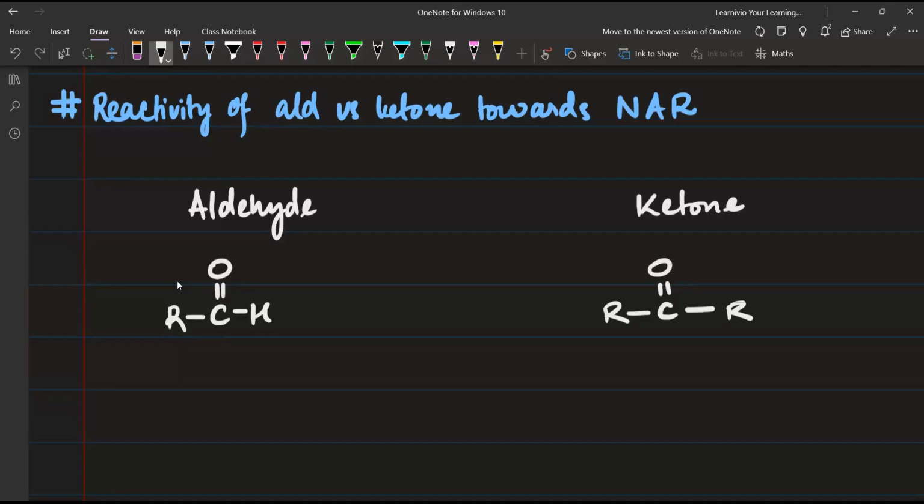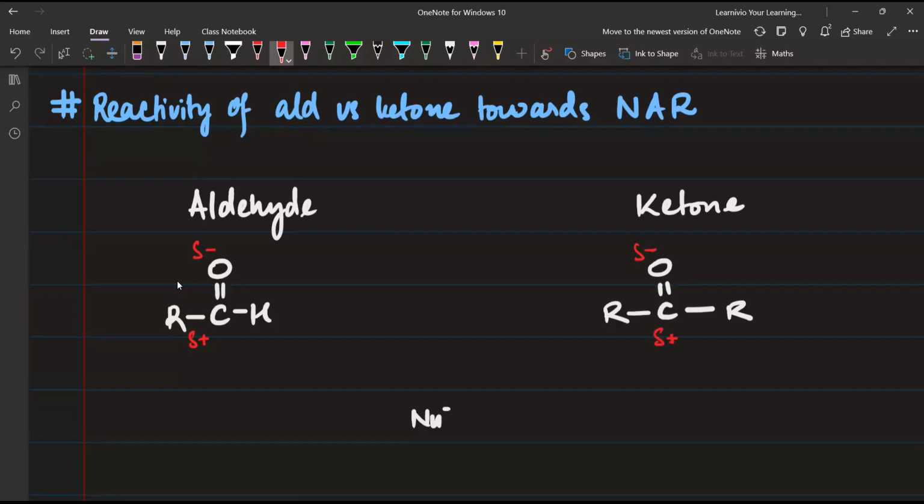We have a nucleophilic addition reaction. That means the reaction is initiated by a nucleophile. Now, the nucleophile is obviously going to attack an electrophilic center, meaning where there is positive charge. The oxygen atom here has delta negative and the carbon has delta positive. This oxygen also has delta negative and this carbon has delta positive.